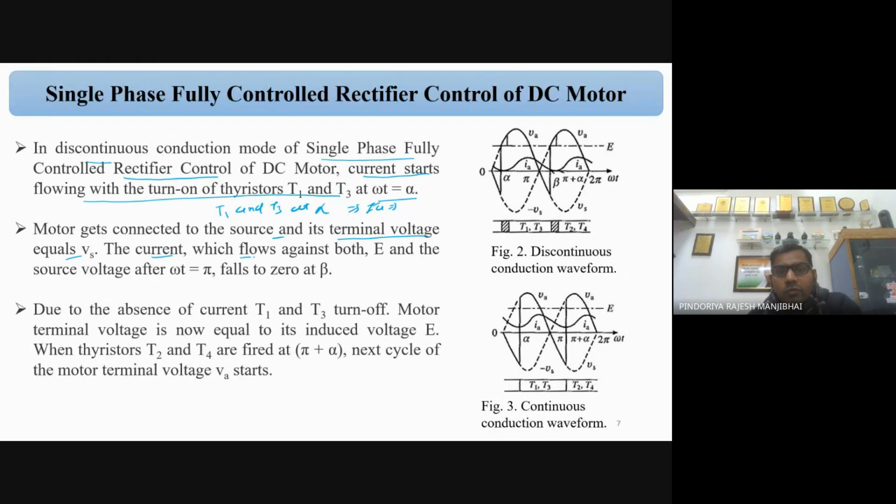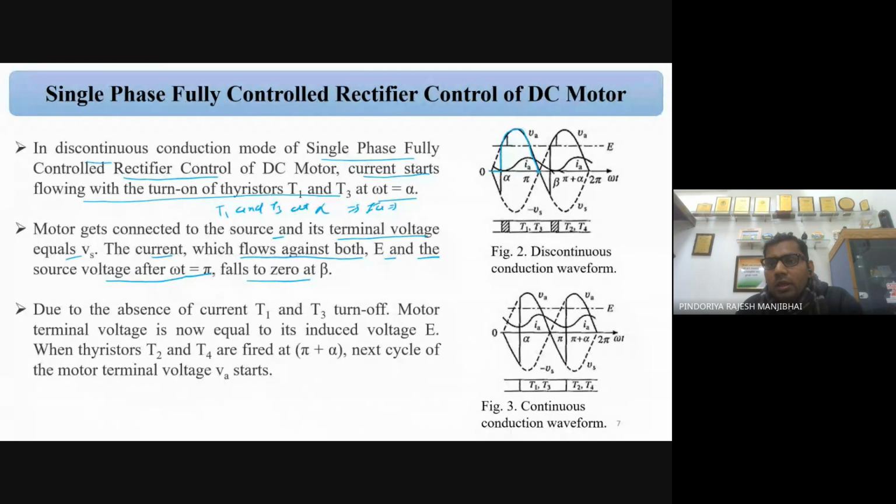The current which flows against both E and the source voltage after omega t equal to pi, that is the initial time period, falls to zero at beta. So we can say the motor starts from here. That is the firing angle alpha, from here to here.